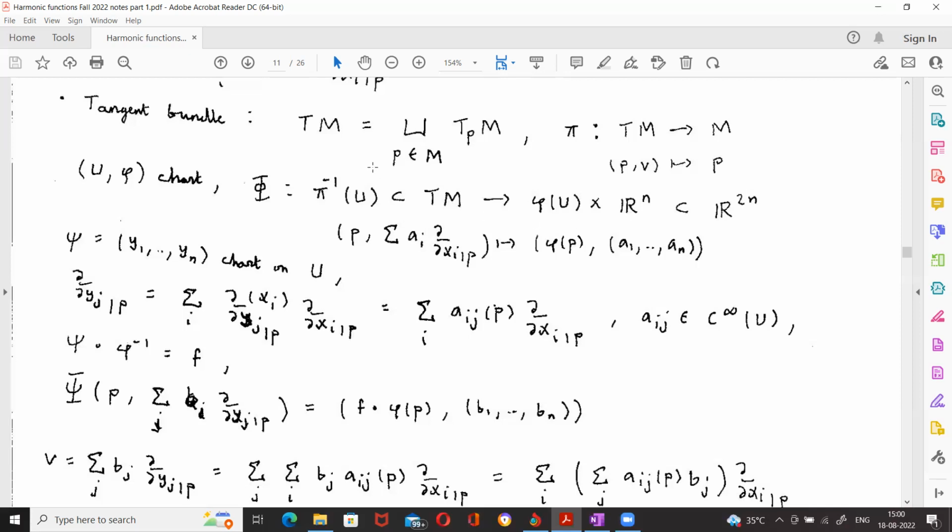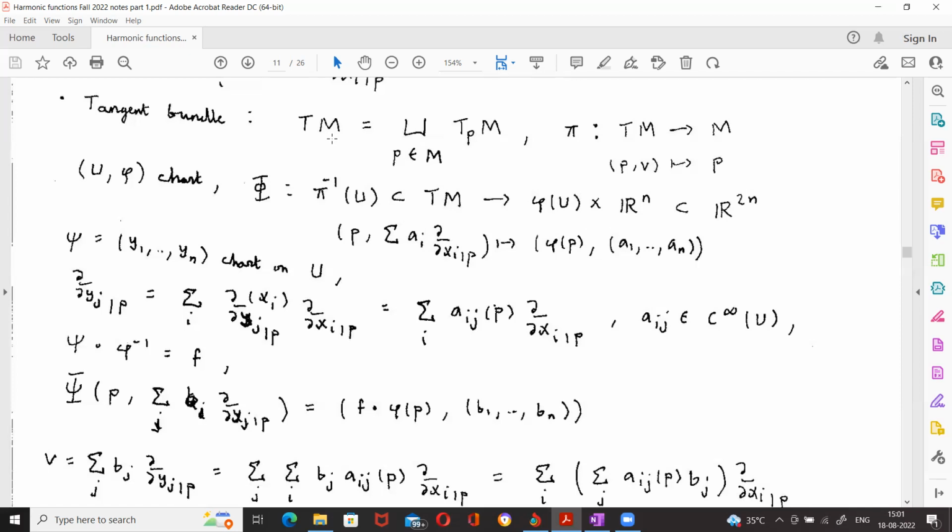So if I take an element of the tangent bundle, say (P, V), a neighborhood of (P, V) is a set whose image under phi is an open set in R2n. Does that make sense? The idea is that this capital phi will give us charts on the tangent bundle.